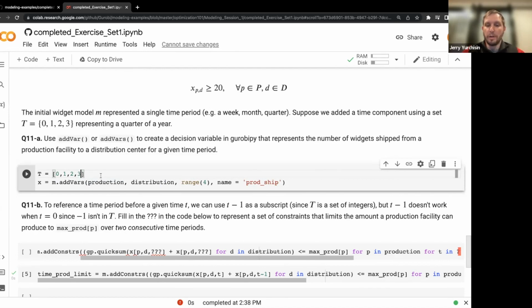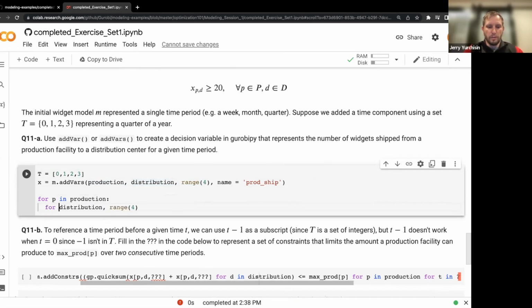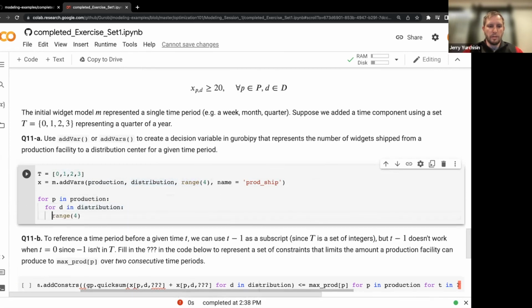And then also we talked about a bunch of different ways to write the variables so that they're added. We talked about for loops, so you can actually loop through each of these if we wanted to, something like this. So for P in production, and then for D in distribution, and then for T in range.